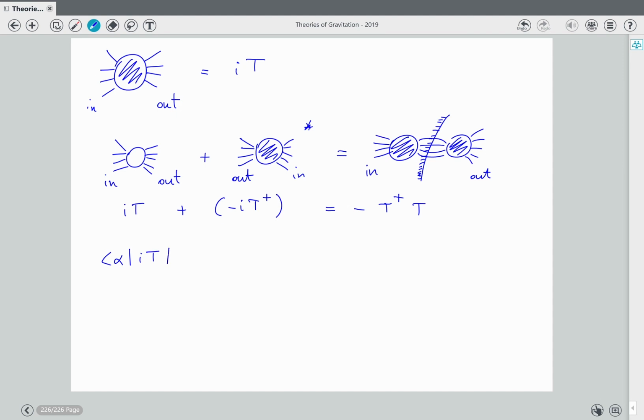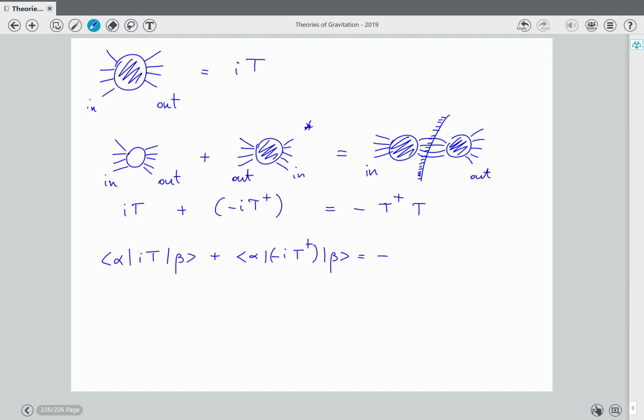This is a matrix, so you compute something like this. You take two states, alpha and beta, and you insert IT between a bra and a ket.